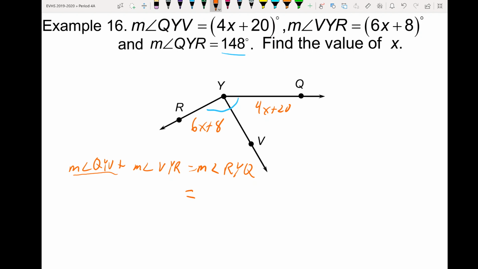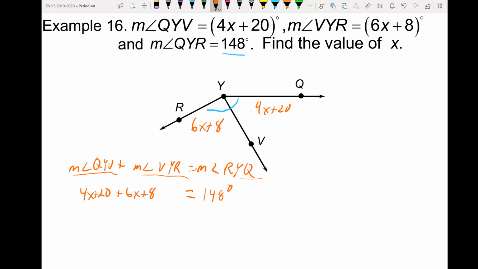Now, angle QYV is 4x plus 20. VYR is 6x plus 8. And then RYQ is 148 degrees. We all right with those substitutions?